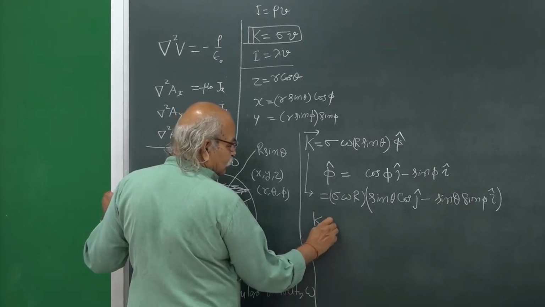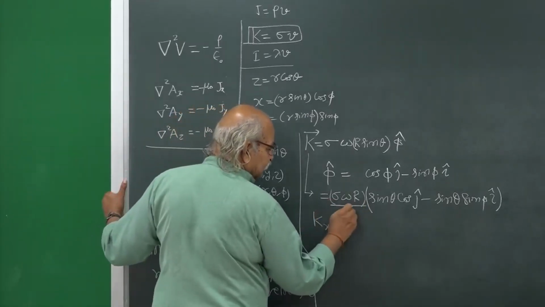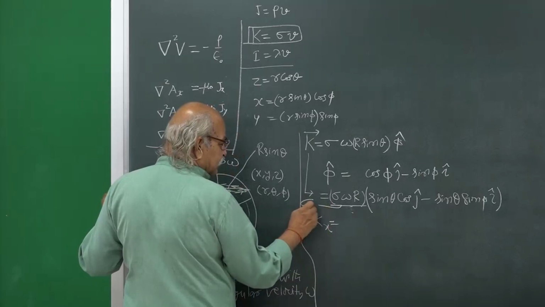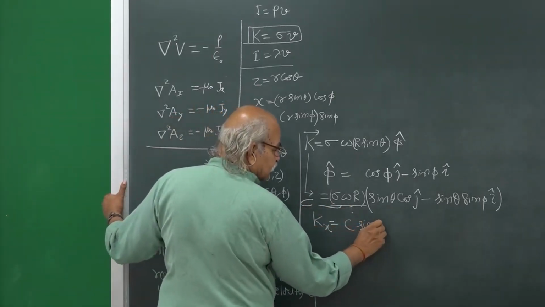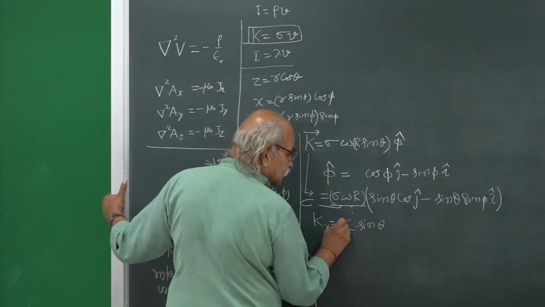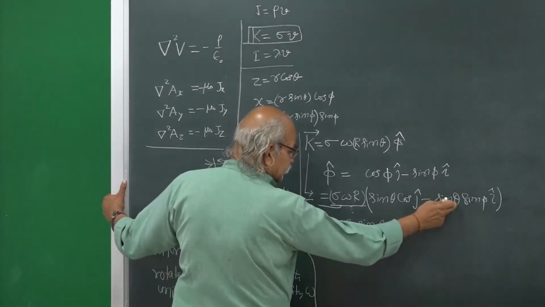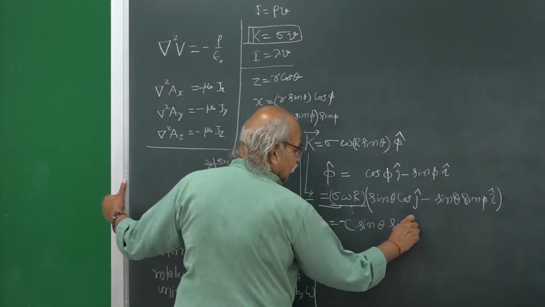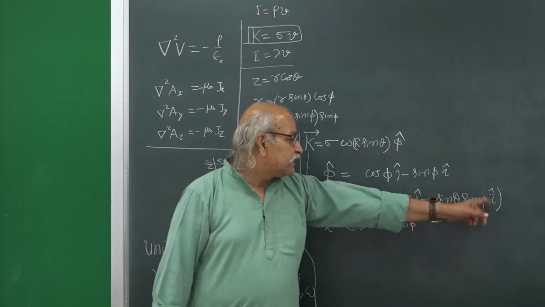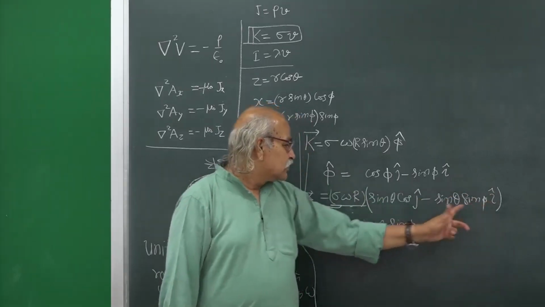Kx is equal to, let us write this constant as capital C. So, it is capital C sin theta with a minus sign and sin phi, that is the x component, the i cap component.